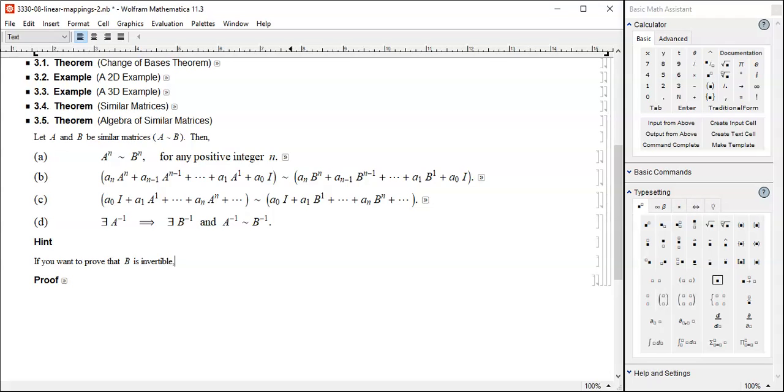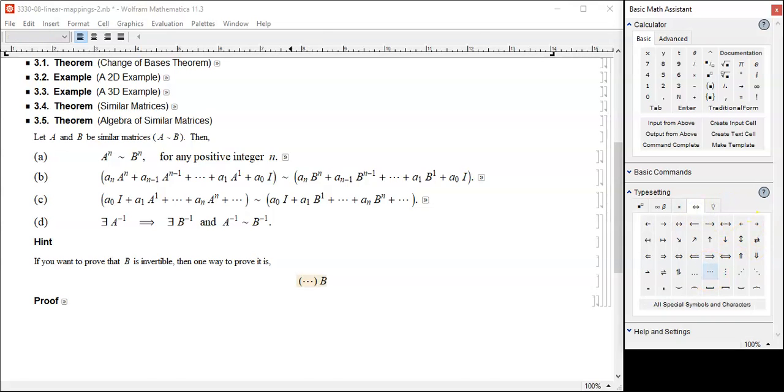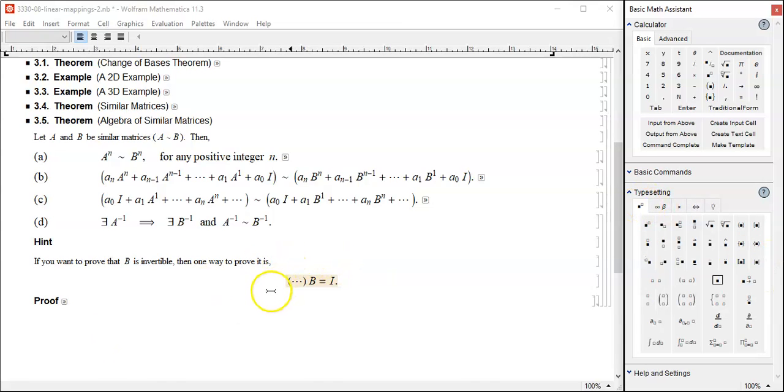So if you want to prove that B is invertible, then one way to prove it is to find something times B equal to I. If you have a candidate for the inverse, so that something times B is equal to I, then you're through.